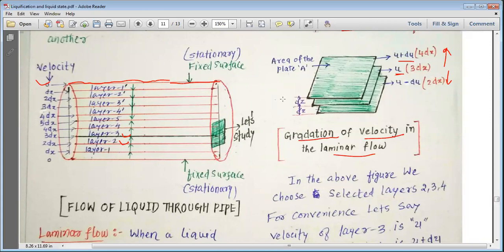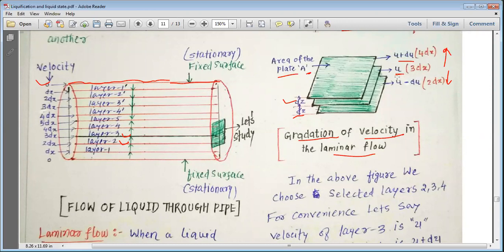The distance between the two layers is considered as dz, and the area of the plate which comes in contact with this unit area is represented as A. So my dear students, when these layers are flowing, now we want to understand the layers separately. So we have chosen layer number 2, layer number 3, layer number 4.